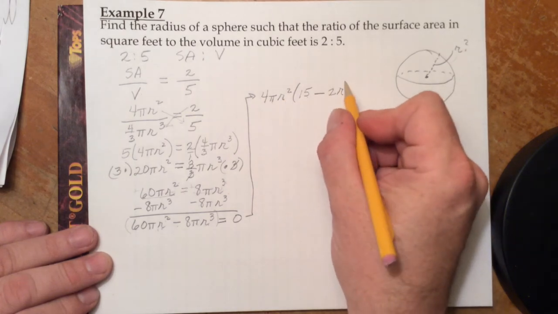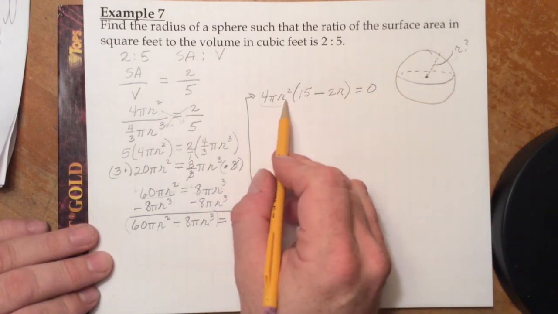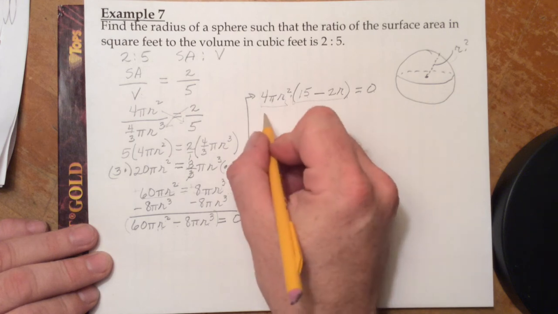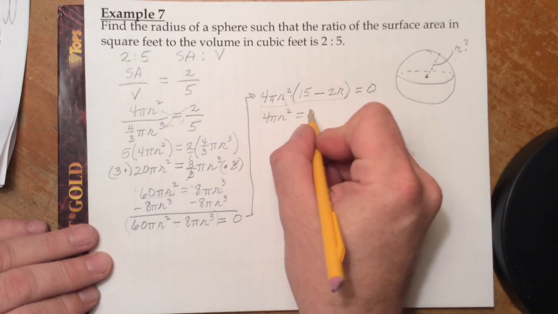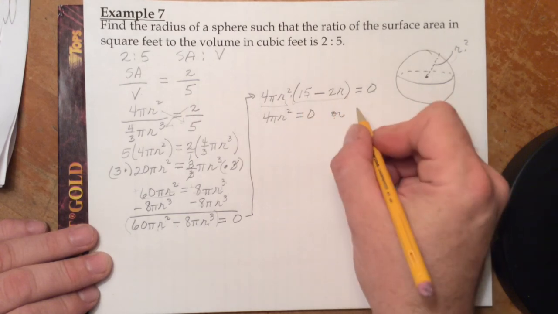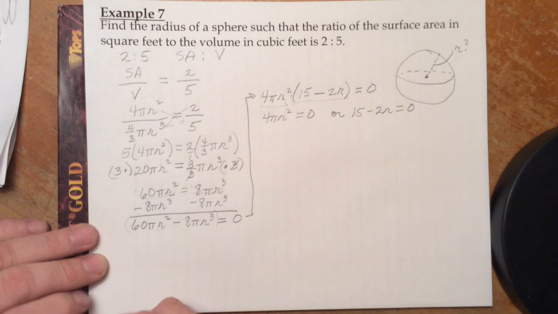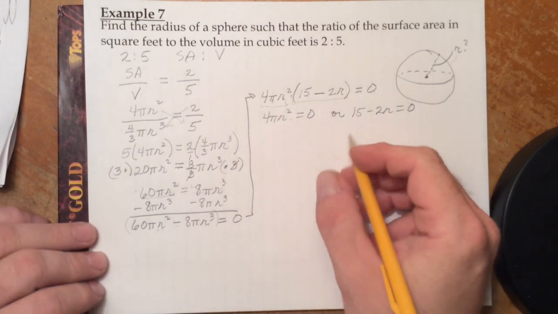So that's minus 2r equals 0. So here's one factor times another factor equals 0. That means either 4 pi r squared, the first factor, equals 0, or the other factor, 15 minus 2r, equals 0. So we solved both equations, just like with a quadratic.